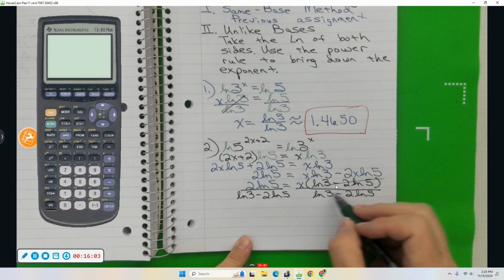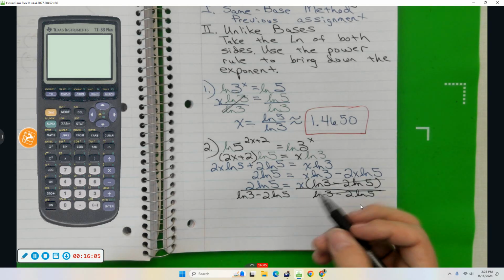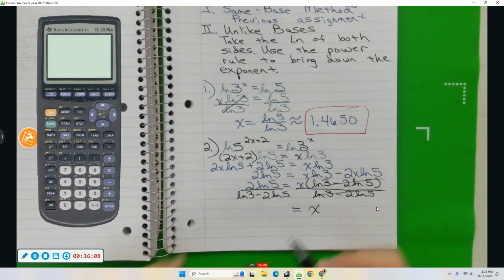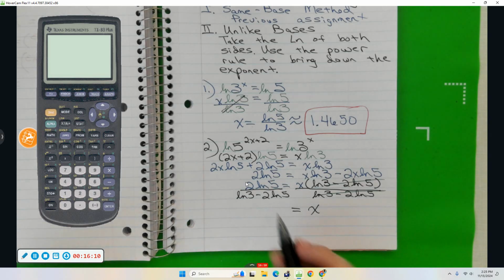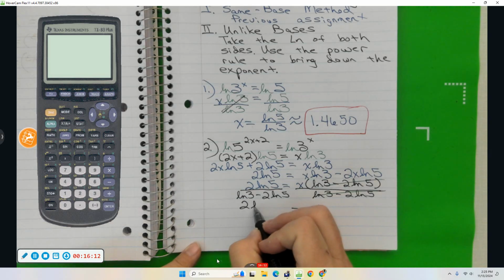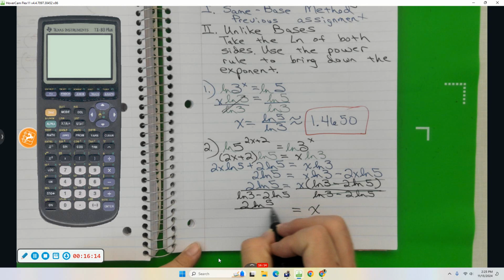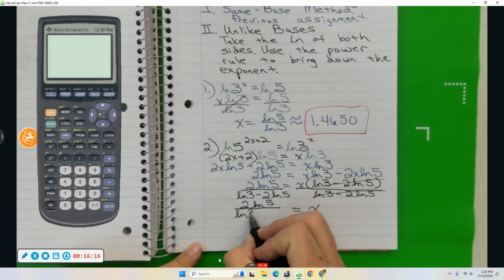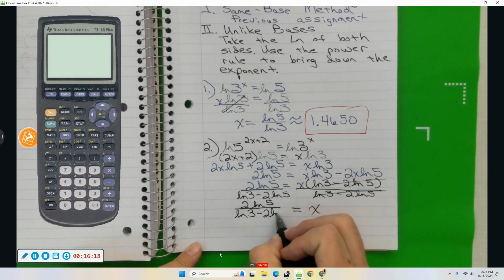So on the right side we have an x equals, and on the left side, here's the stuff you're punching in: 2 ln 5 all over ln 3 minus 2 ln 5.